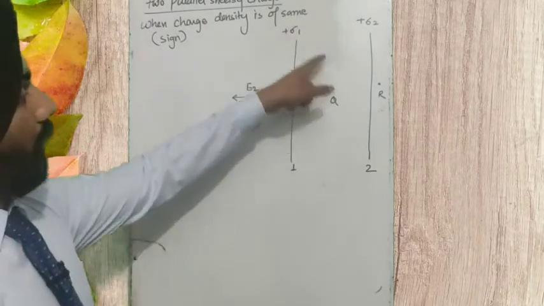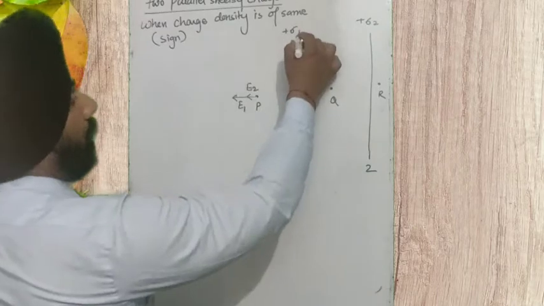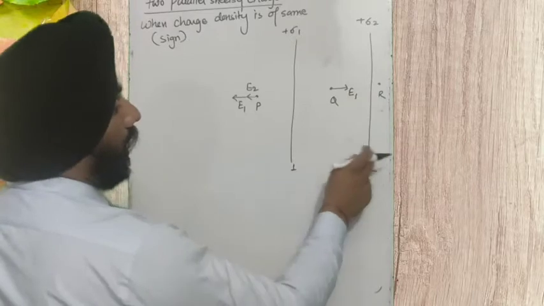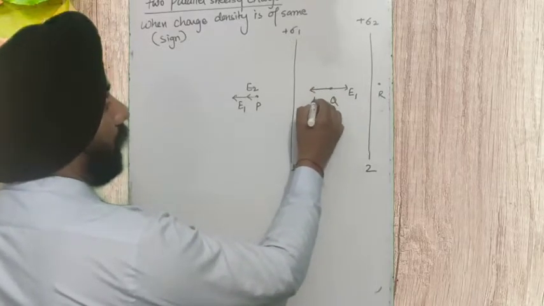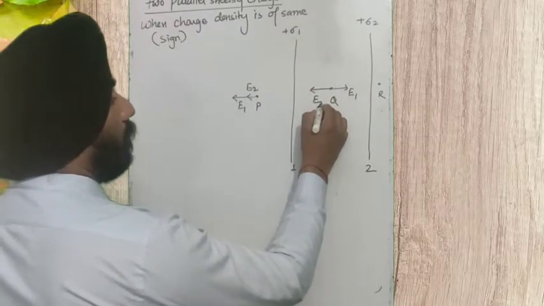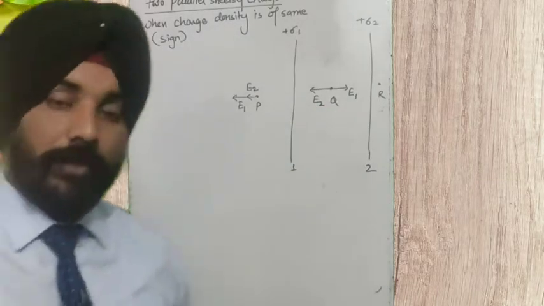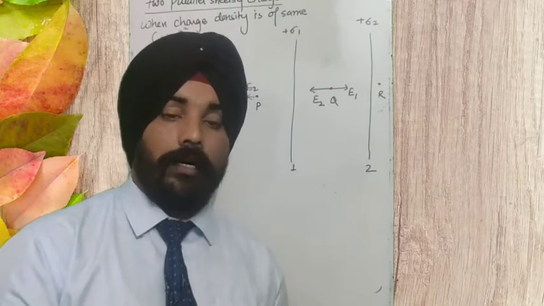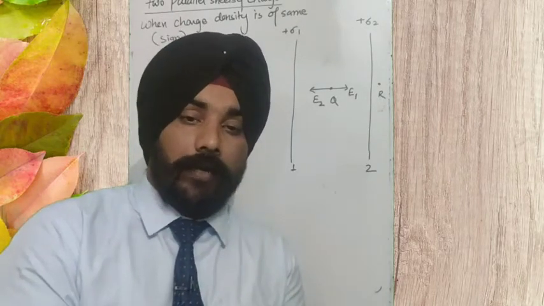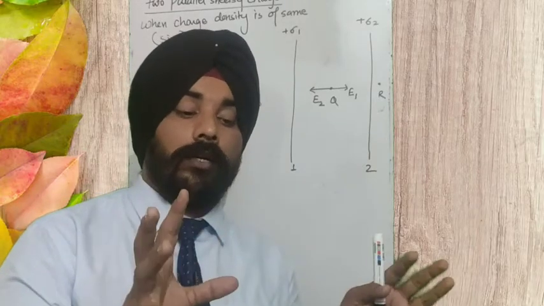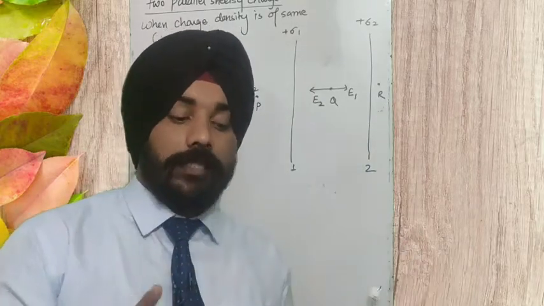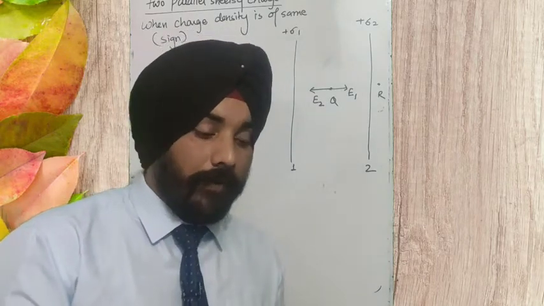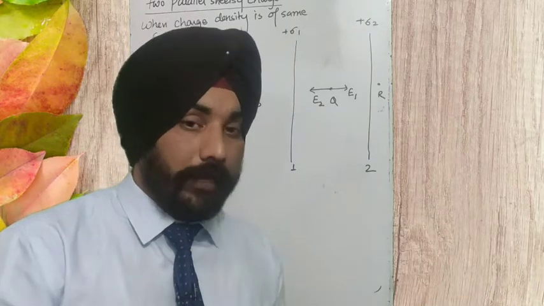And for Q, electric field intensity due to sheet 1 will be away, and due to sheet 2 it will be away, because from the positive charge, when I taught you electric field lines, I told you it is a very important topic, because we are going to visualize electric field. We are going to draw a physical appearance of electric field. We are going to provide a realization to the electric field.